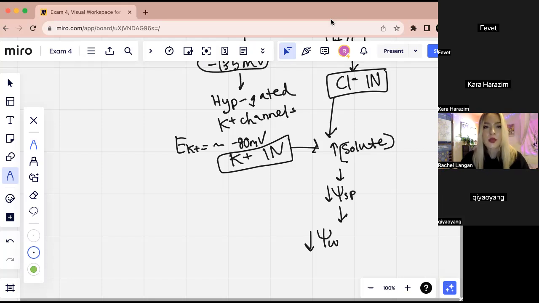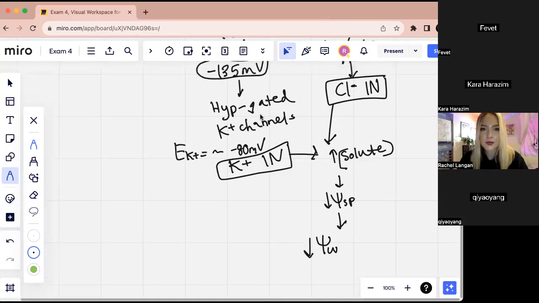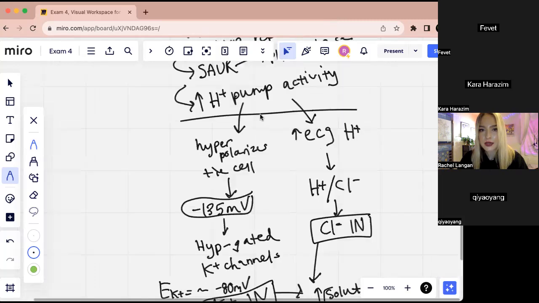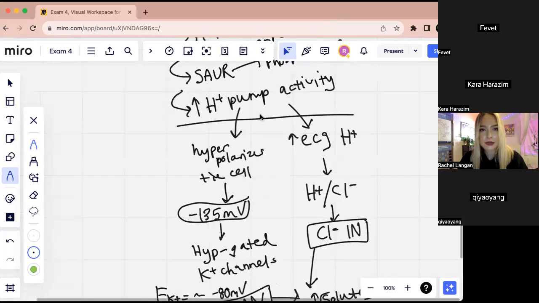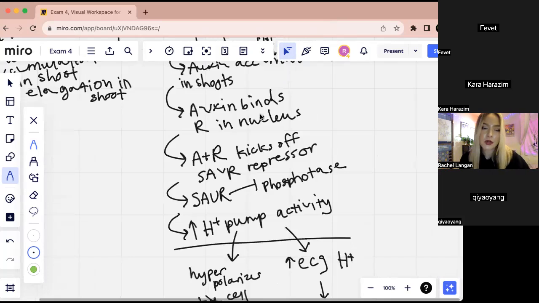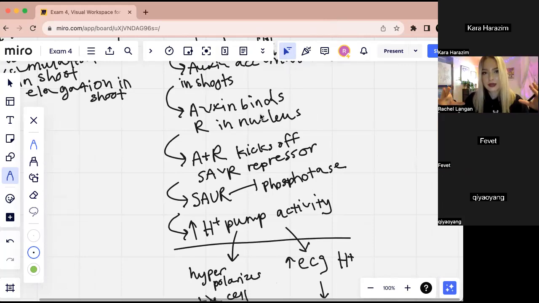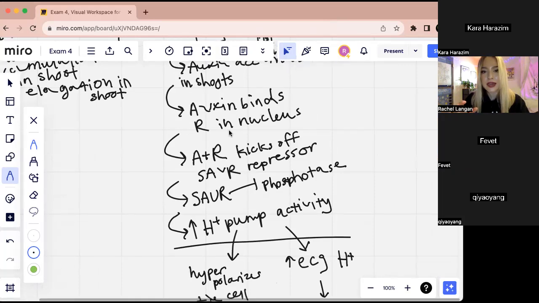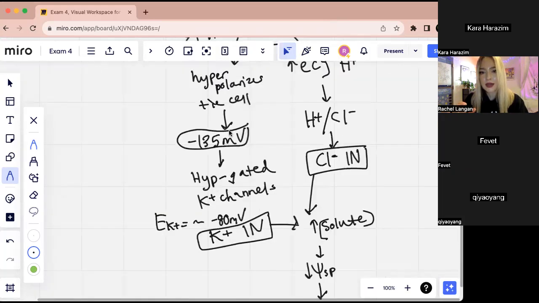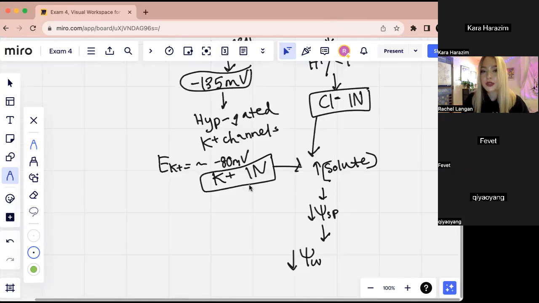Oh, so in order for cells to elongate, two things have to happen. There has to be water rushing into the cell, and there has to be the cell wall breaking up. When water rushes in and the cell wall isn't sturdy, that's going to cause the cell to elongate. So all of these steps to get solutes in are going to result in a lower water potential.